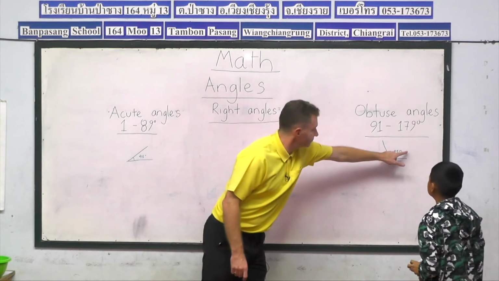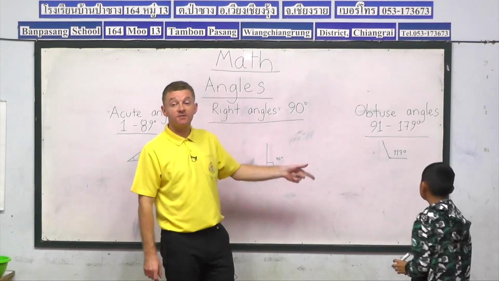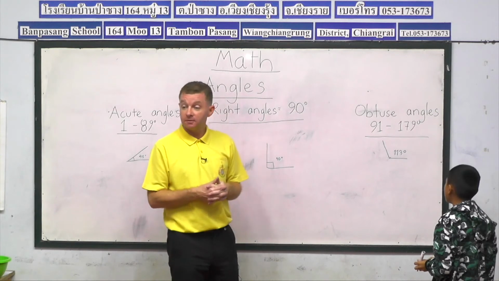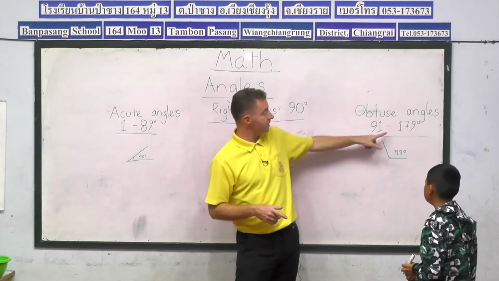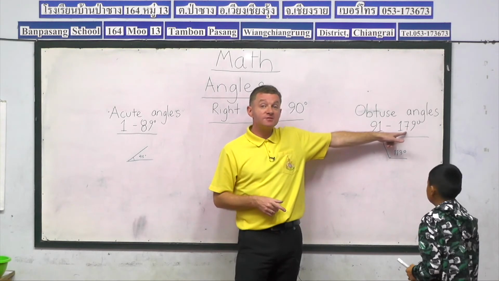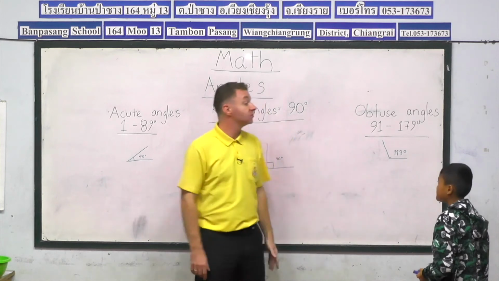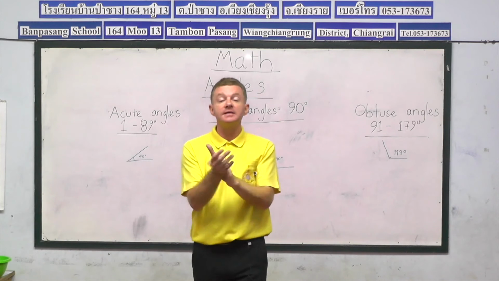And then the little circle for the symbol for degrees. That's perfect. So how many degrees for Chu's obtuse angle? Yes, you can see an obtuse angle is more than 91 degrees, but less than 179. So Chu's obtuse angle is correct. Chu, that was brilliant. High five and a big round of applause for Chu, please, guys.